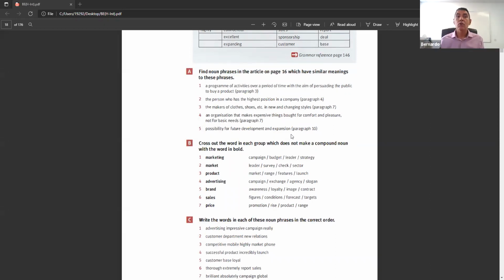But the idea is, how do you use the language to expand it, to give more information, and not only add to the language itself, but add to the business terminology that we're using? Because this is all about business English, and the way that we expand the terminology and the jargon. Remember the jargon that we've talked about?